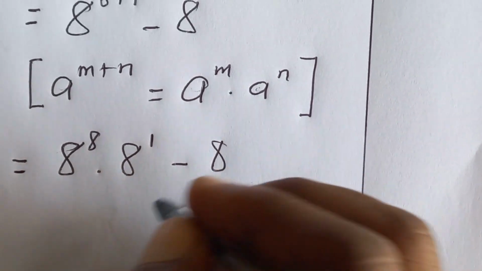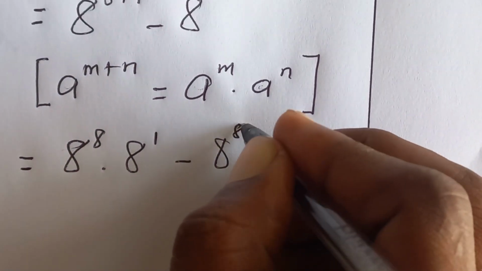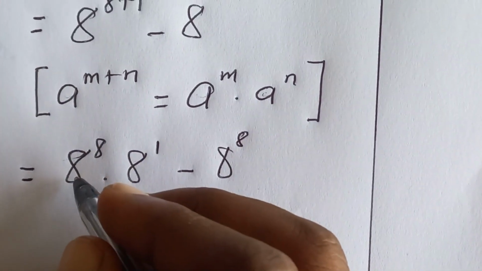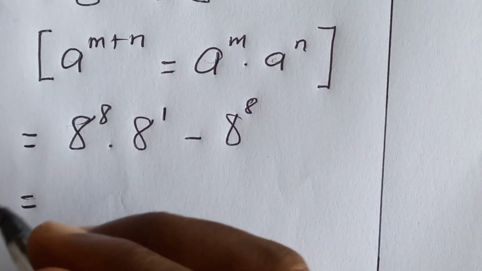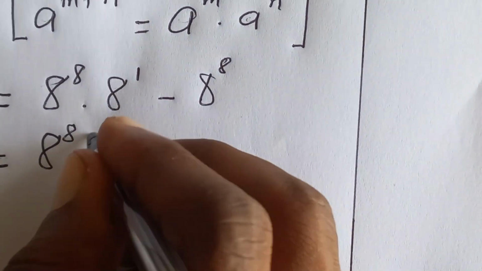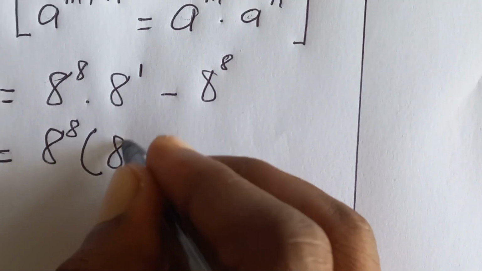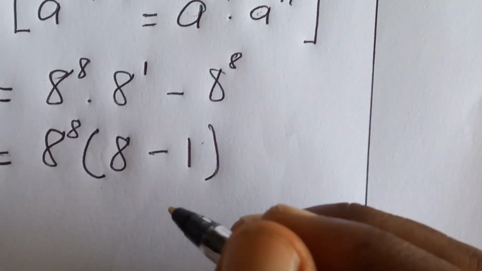Now this one is exponent 8, this is also exponent 8, so we can factor 8 exponent 8 out. So we say 8 exponent 8 bracket 8 minus 1.